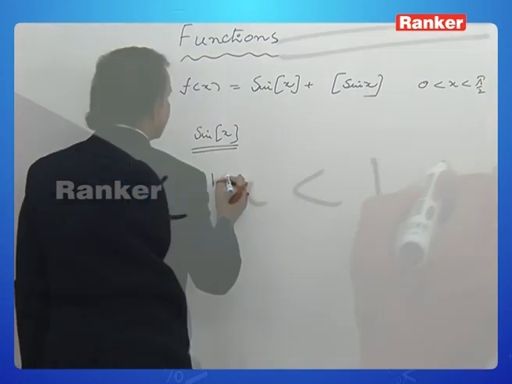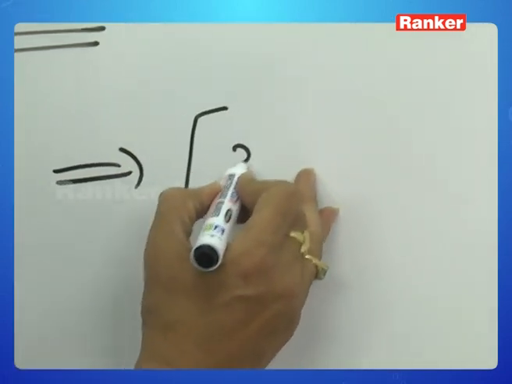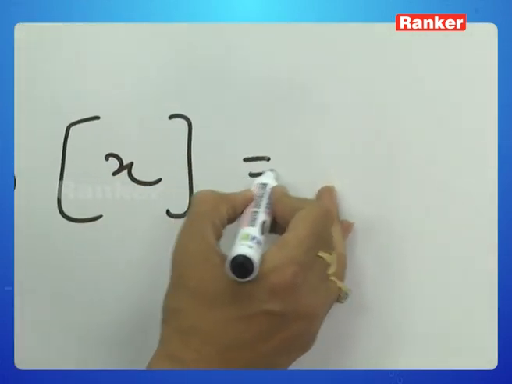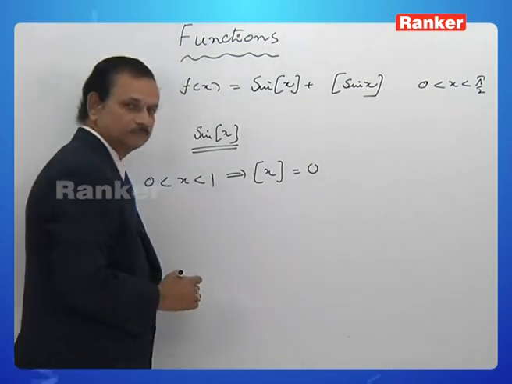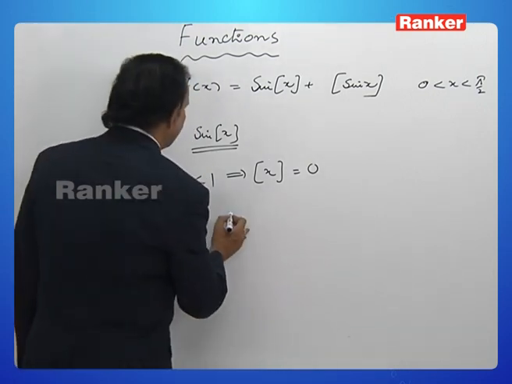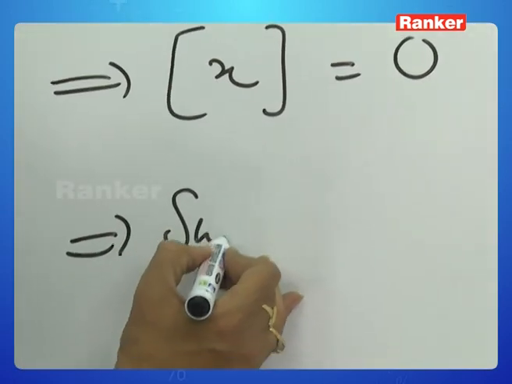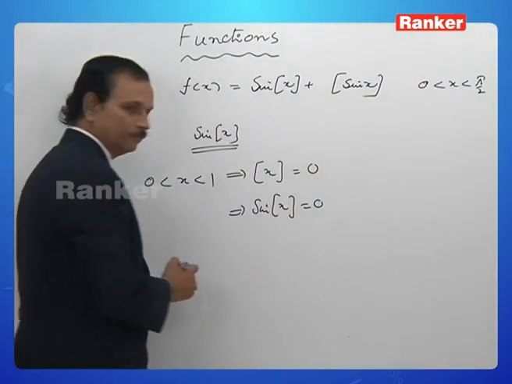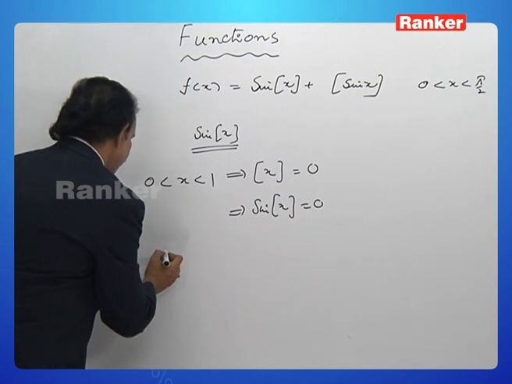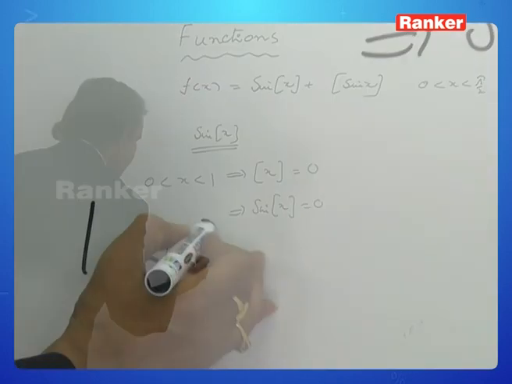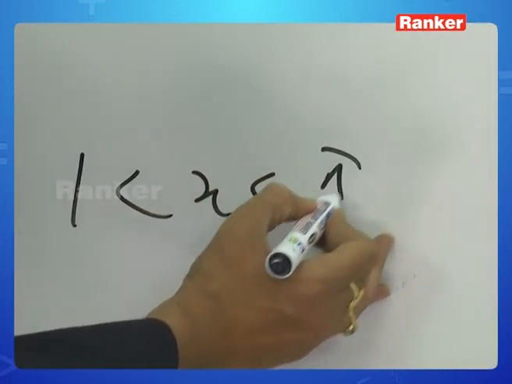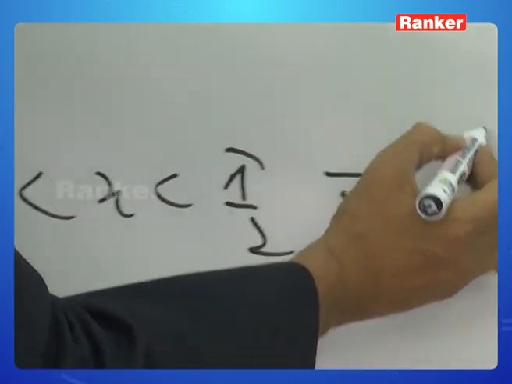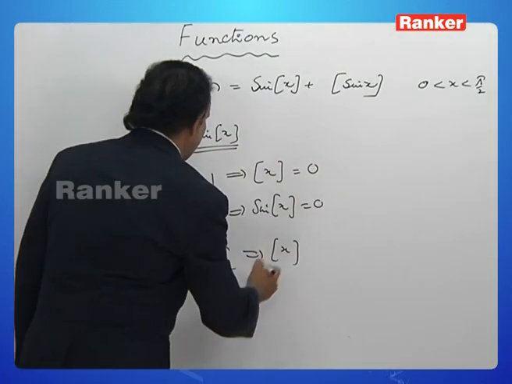If 0 less than x less than 1, then what is the integral part of x? It is 0. This implies sine of integral part of x is sine 0, which is 0. Well, when 1 less than x less than pi by 2, in this case, what is the integral part of x?